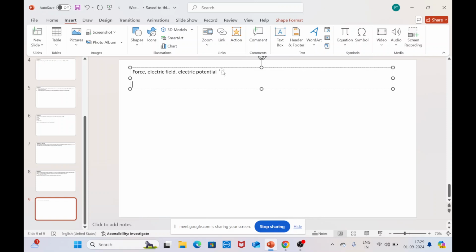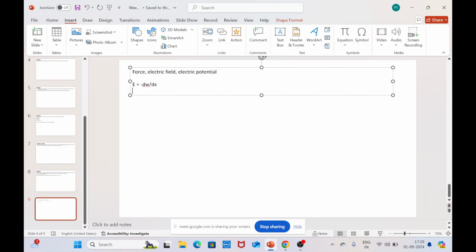So we discussed the electric field as minus d psi by dx, right? So this was the expression for electric field.